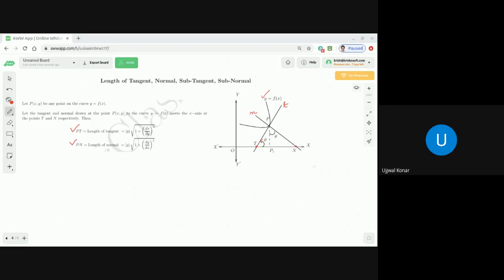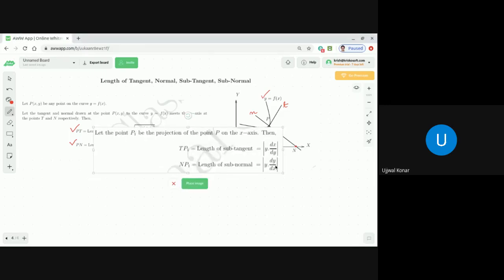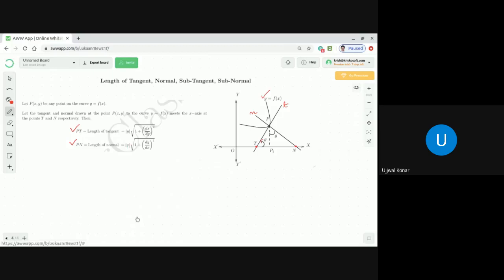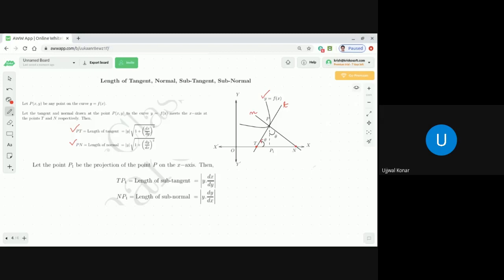So then we can say these two statements, which show the length of the subtangent and subnormal, where P1 is the projection of the point P on the x-axis.